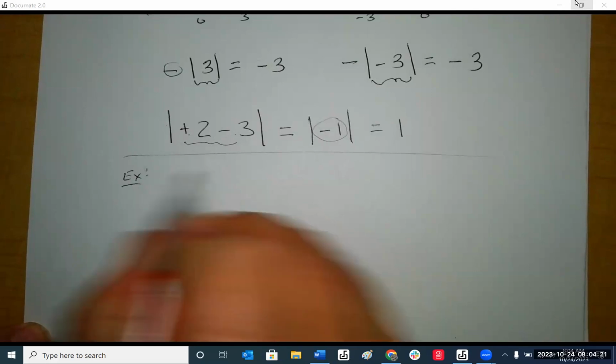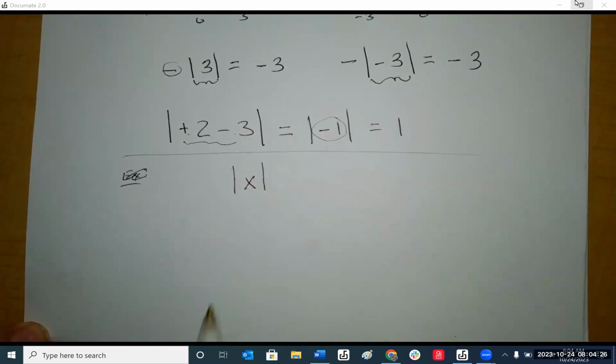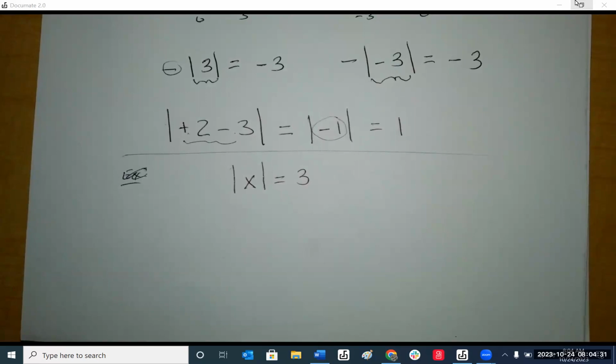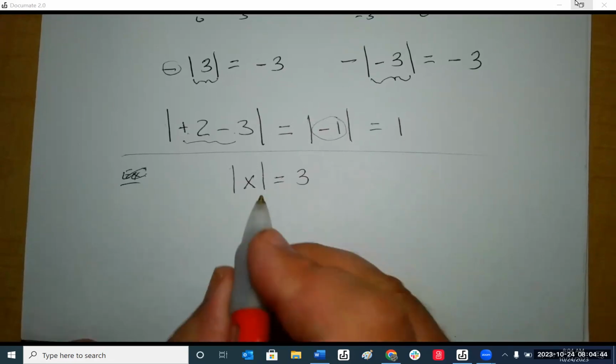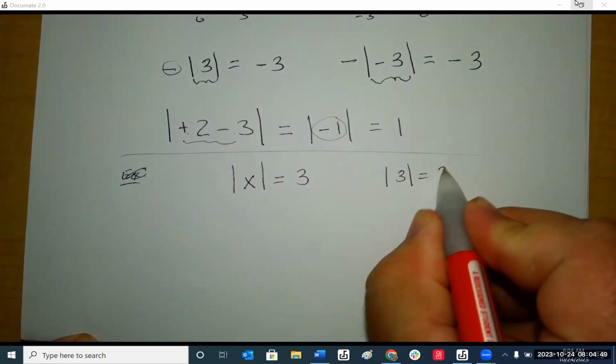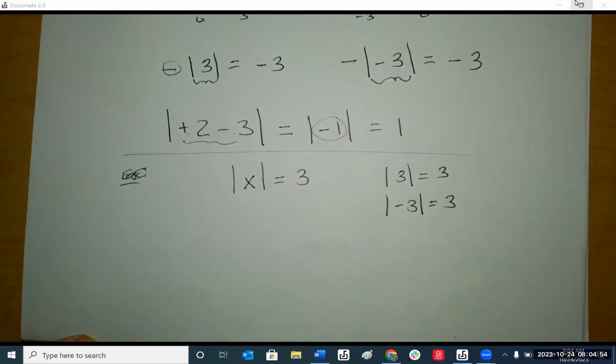Okay, now, before that, what if the variable now is inside the absolute value? What can X be that the absolute value is positive 3? Exactly. We can have absolute value of 3 is 3. Absolute value of negative 3 is 3.